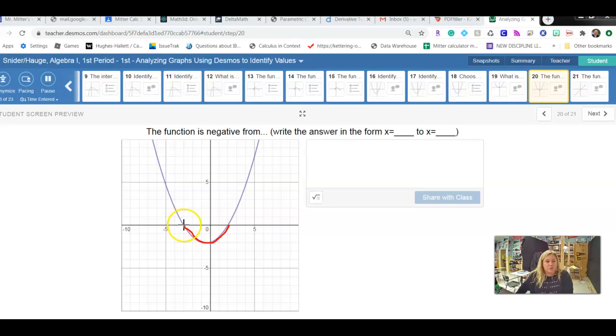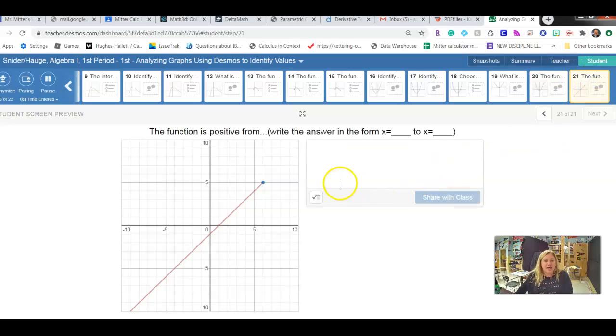And remember, when we're talking about the x-intercepts, that's drawing our eyes to those points to see where that graph would be folded in half. What's above, what's below the x-axis. And in this case, it's from -3 to +2. Do we see that? -3. So we're going to write x equals -3 to x equals +2.